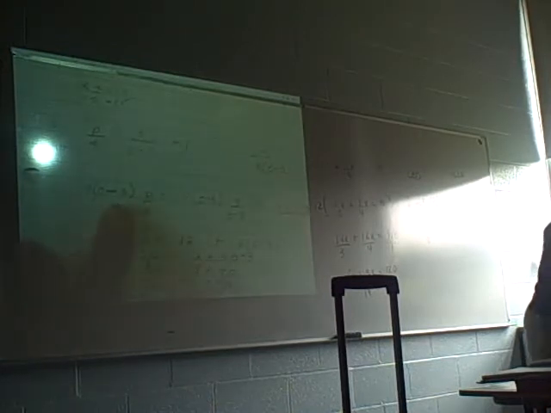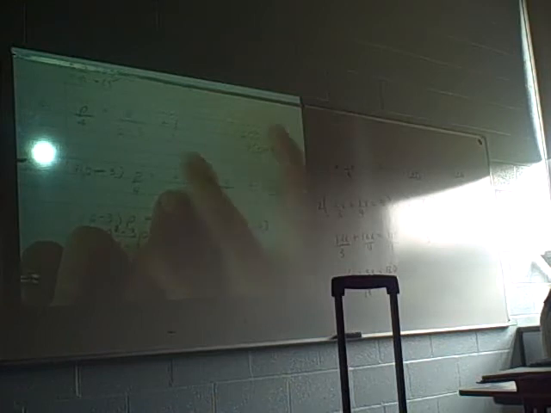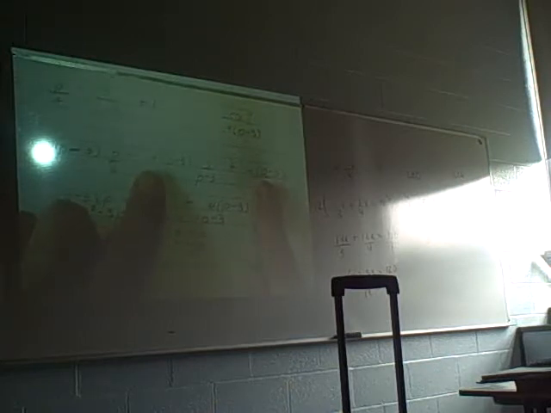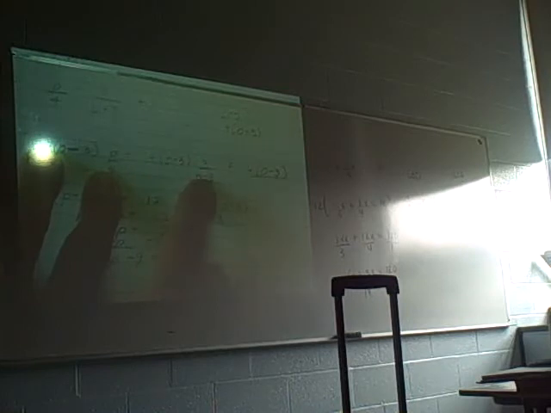Okay, so I'm multiplying my first term by 4 times p minus 3, my second term by 4 times p minus 3, and my third term, which is 1, by 4 times p minus 3. So far so good? Okay, I canceled out my 4's and my p minus 3, and then I multiply across.